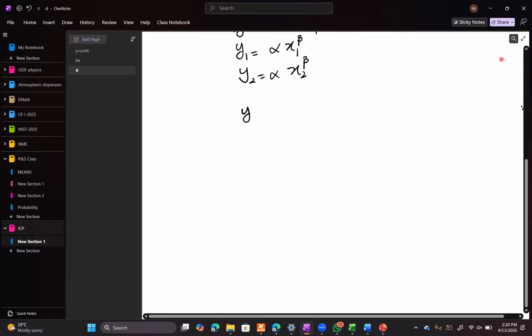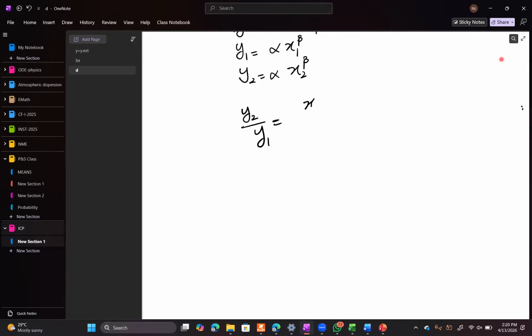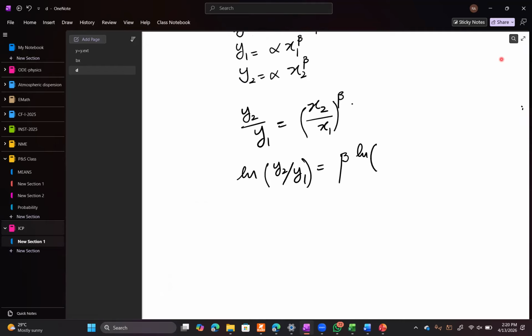So it will become y2 over y1 equals x2 over x1 whole raised to the power beta. And then to eliminate alpha, taking logs, log of y2 over y1 is equal to beta times log of x2 over x1.